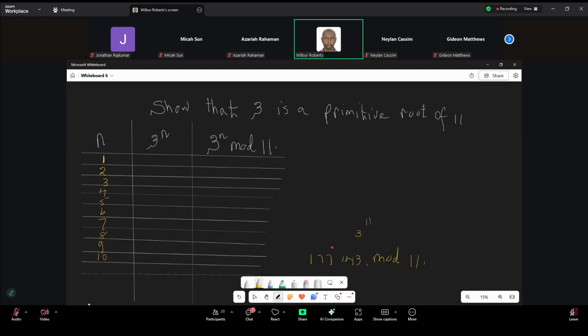So in your online calculator, it'll have fields, and in one you'll type in 177,147, and in the next one you'll type in 11. Then you might have to press calculate and you'll see the answer. So you'll get 177,147 mod 11, it will give you the answer.